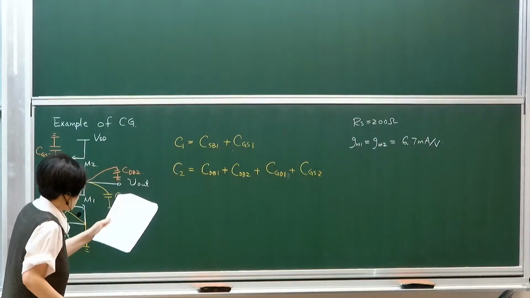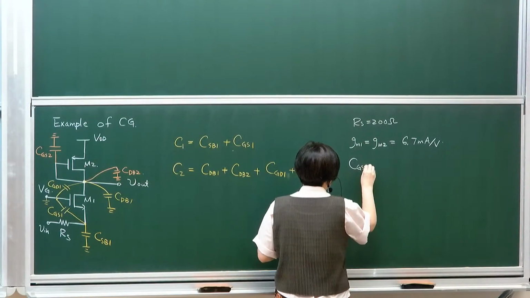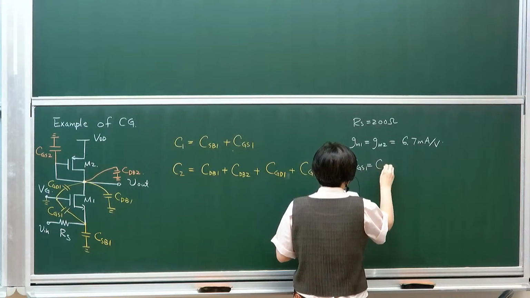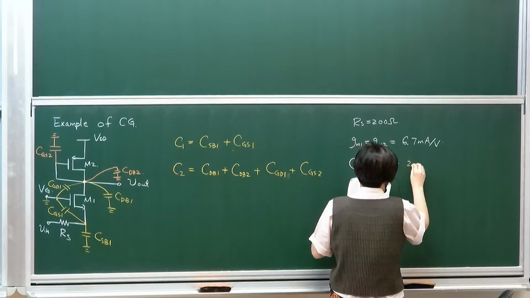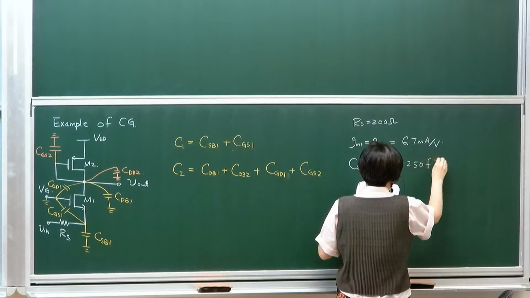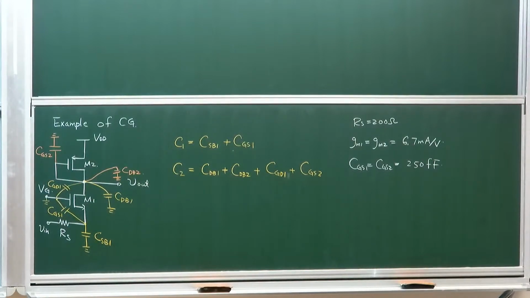For both transistors, CGS1 equals CGS2 equals 250 femtofarad.